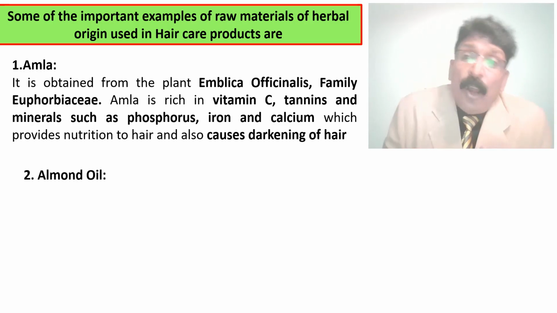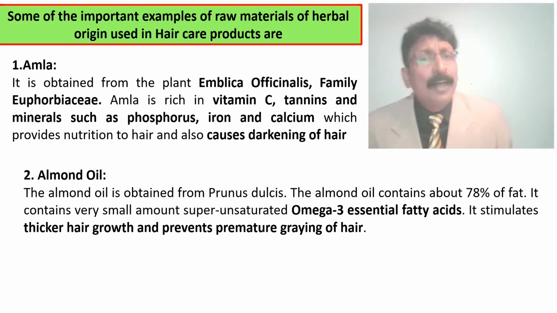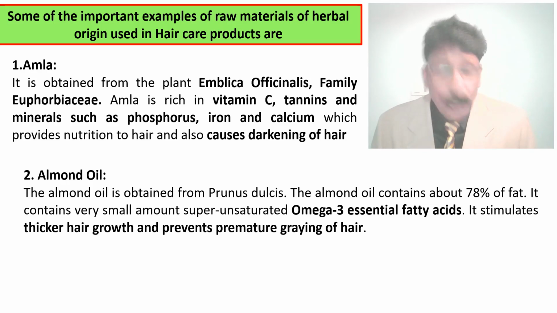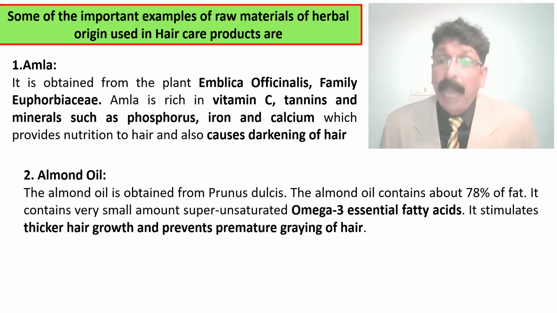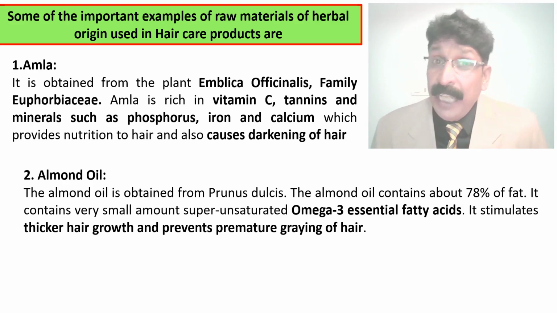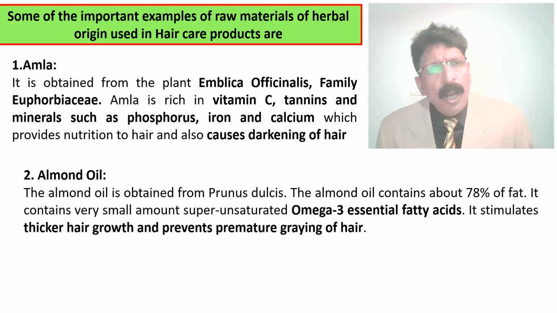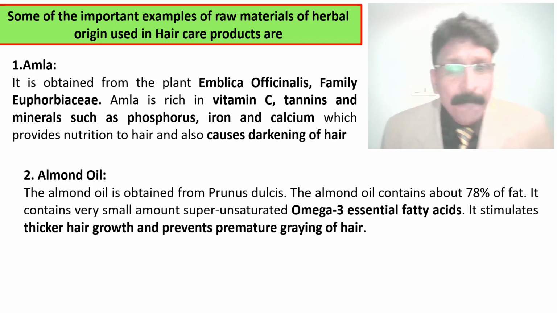Almond oil. The almond oil is obtained from Prunus dulcis, but we know that it is a soft oil. The almond oil contains about 78% of fat. It contains a very small amount of unsaturated omega-3 essential fatty acid.